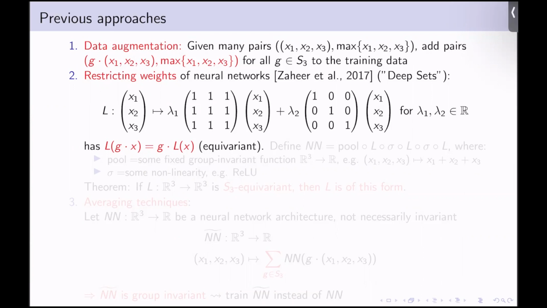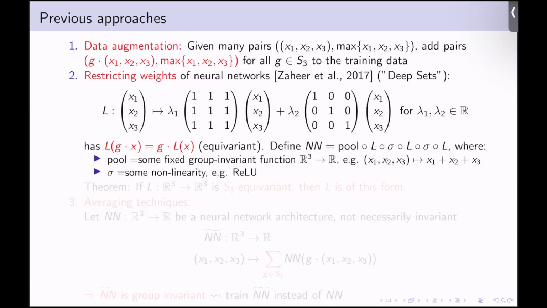So to get something group invariant, what you can do is define a neural network like this. I read it from right to left. You start with one of these layers L, and then you apply some non-linearity sigma, for example ReLU or whatever.